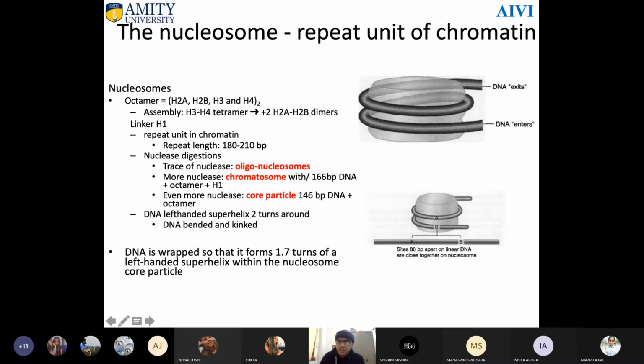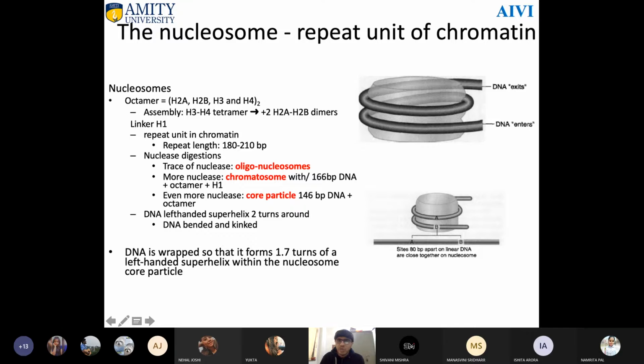DNA is entering and this is exiting. Between the entry and exit we call it 1 turn, and this is a second turn, second circle. Totally, not 2 turns are completely there. There are 1.7 turns of left-handed supercoiled superhelix in 1 nucleosome.